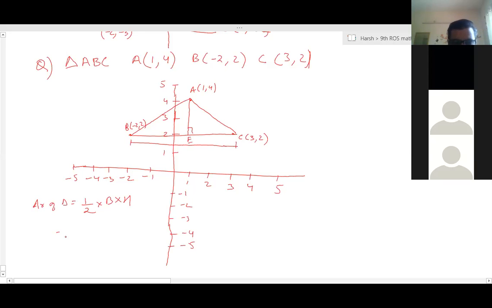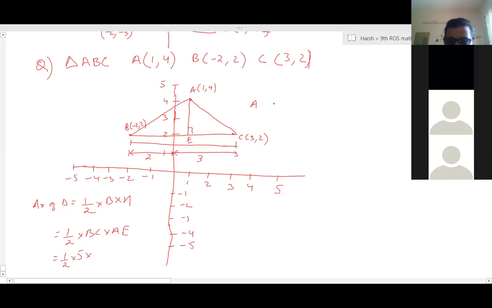We can write half BC into AE. What is BC? This is 3 and this is 2. So base BC is 5.